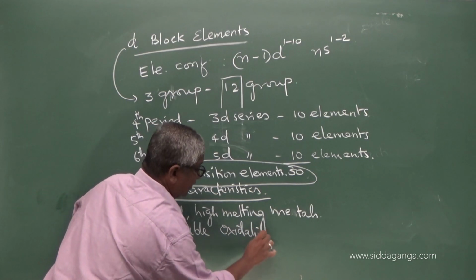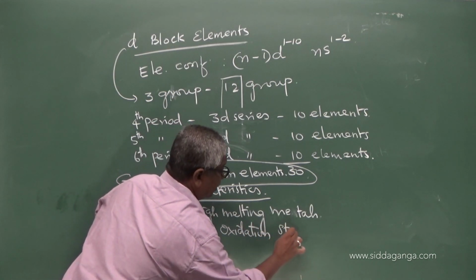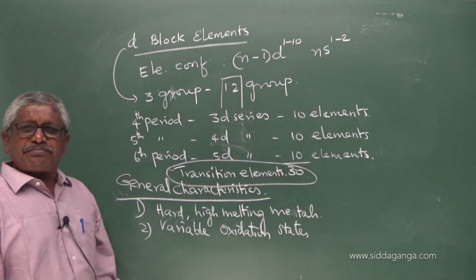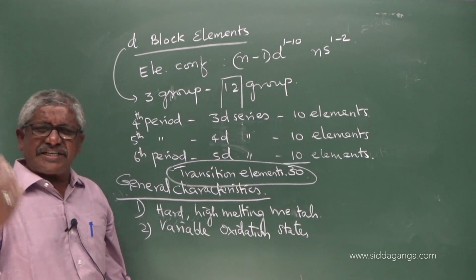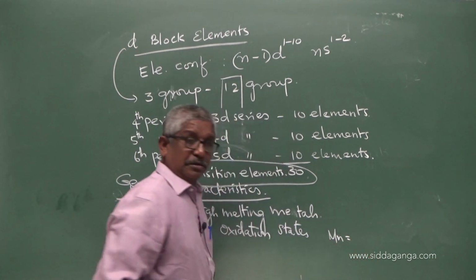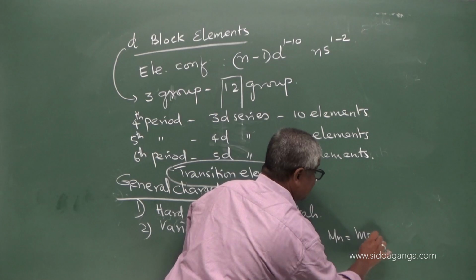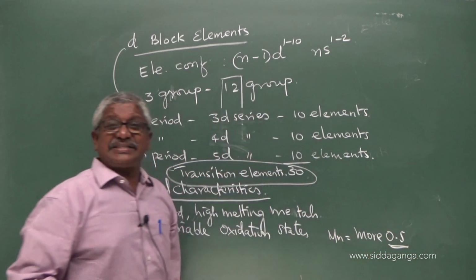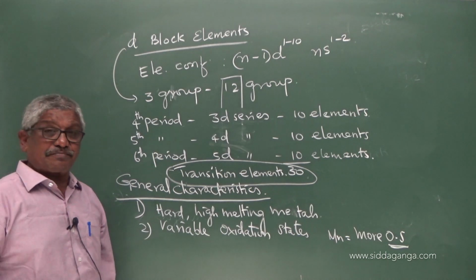These also have variable oxidation states due to the large number of oxidation states. For example, manganese has many oxidation states.